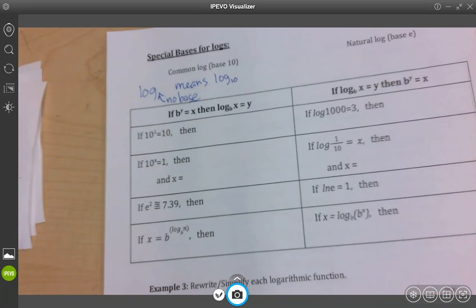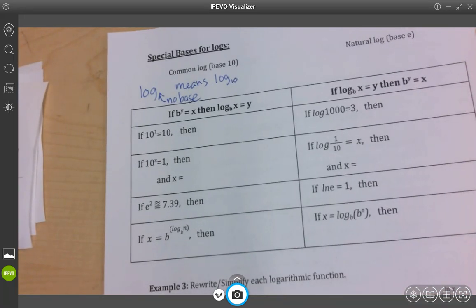You can put log base 10, with a 10, into the Desmos calculator, and it'll be fine with that. But if you just put the word log in there, it will also do log base 10. All right, the natural log is a logarithm that does occur a lot in nature. It's also used a lot in interest.